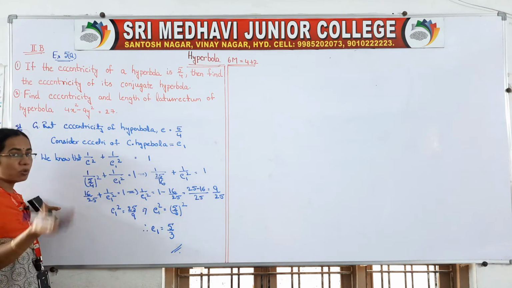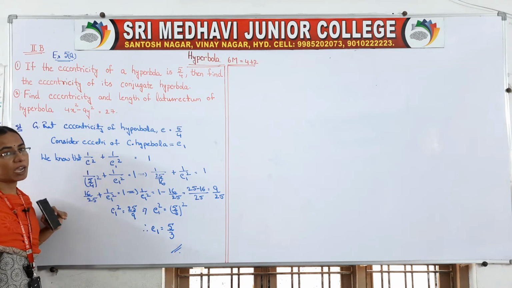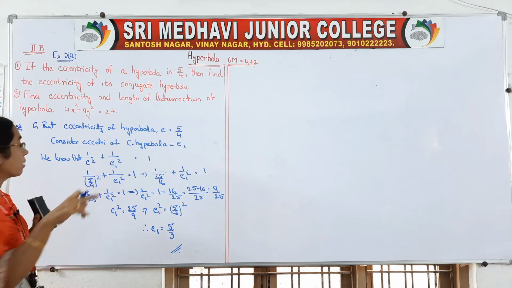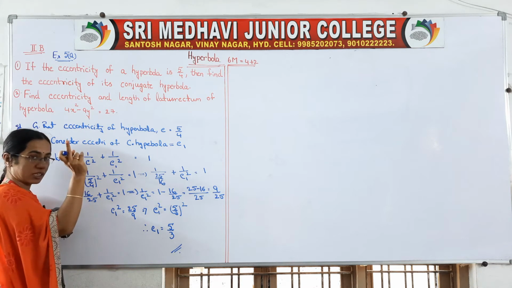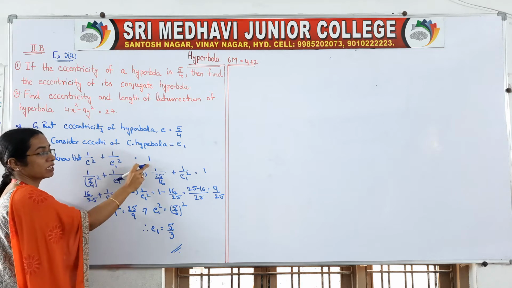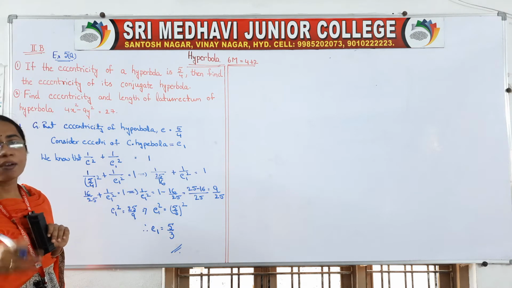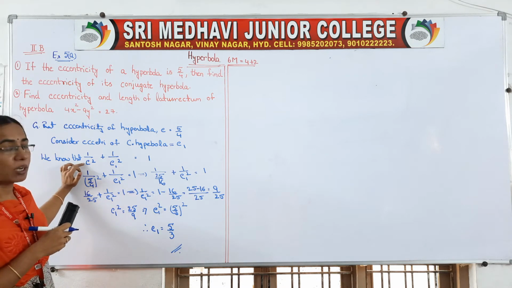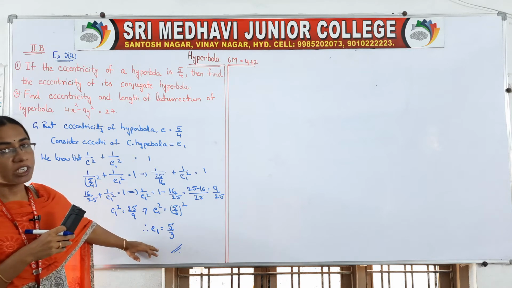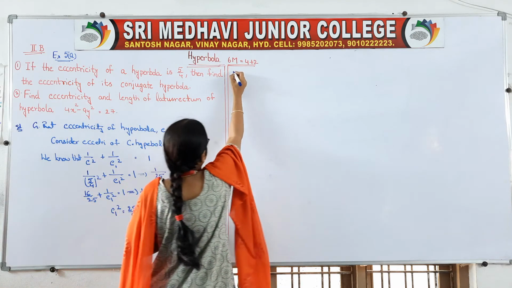We already proved in the previous class that 1 by E square plus 1 by E1 square is equal to 1. Once we prove it, we can consider that as a formula. We used that formula to get the eccentricity of the conjugate hyperbola. Now come to the second question.